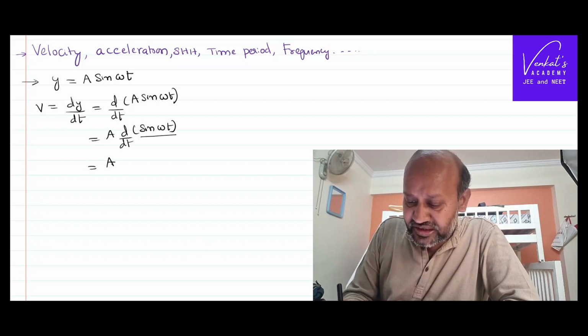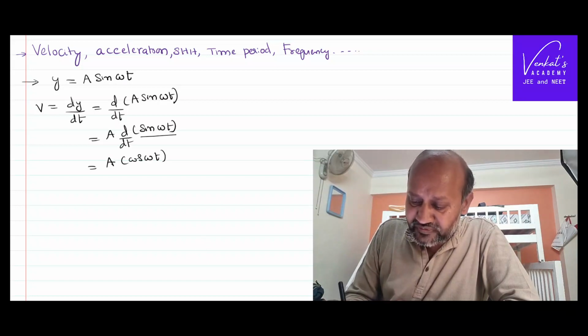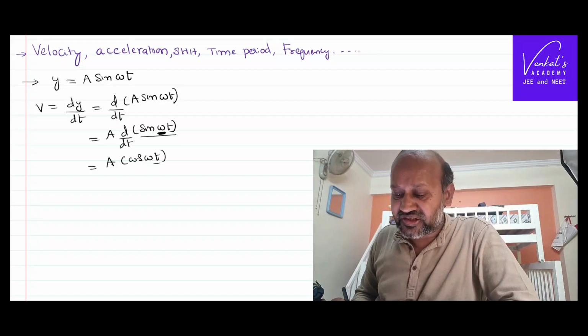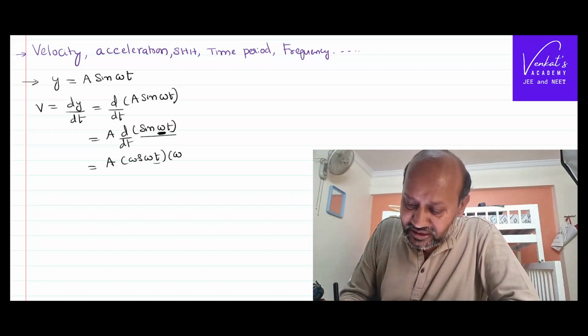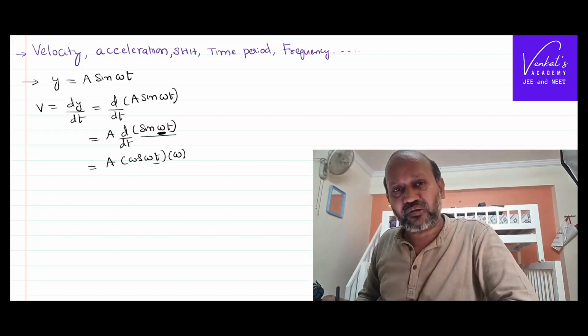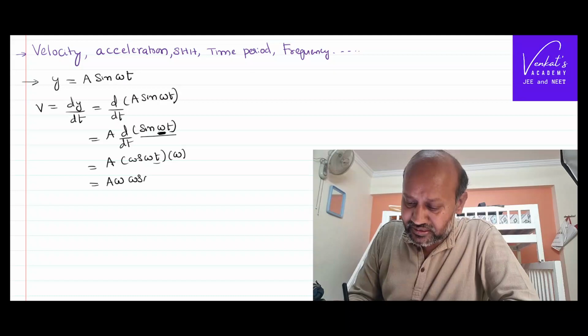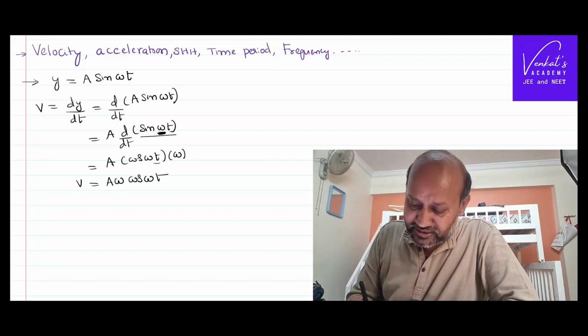So differentiation of sine omega t is cos omega t. We are differentiating with respect to t, but there's an additional factor omega. So as per the chain rule of differentiation, here I will get one more omega. That's the chain rule of differentiation. You shall know that. So velocity of the particle is a omega cos omega t in simple harmonic motion.